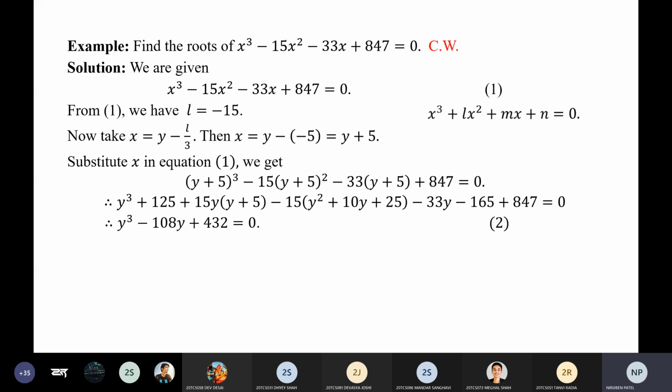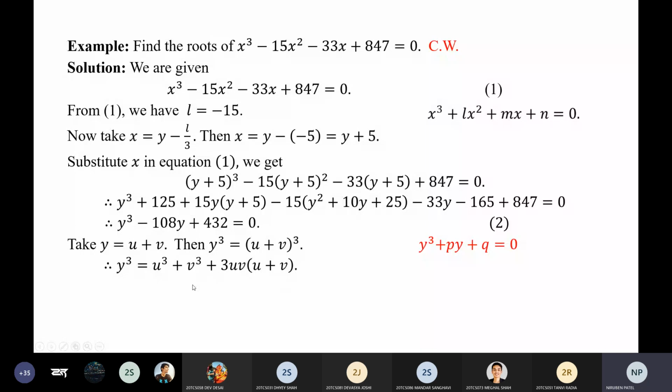Hello? Yes, ma'am. Okay. Now what is next? We will take y equals u plus v, and as per this y equal to u plus v, we can represent it in this manner, right? y cube minus 3uvy minus (u cube plus v cube) equal to 0.